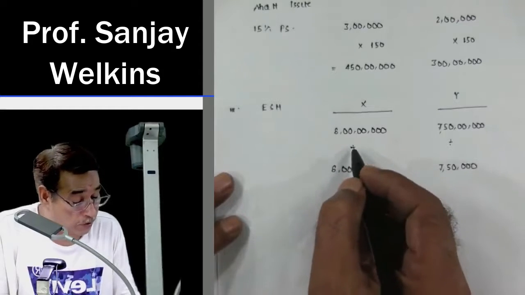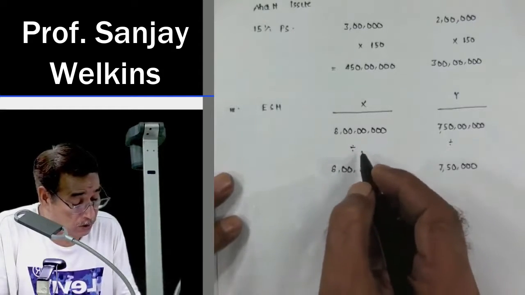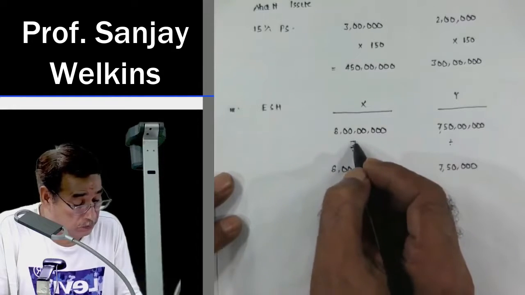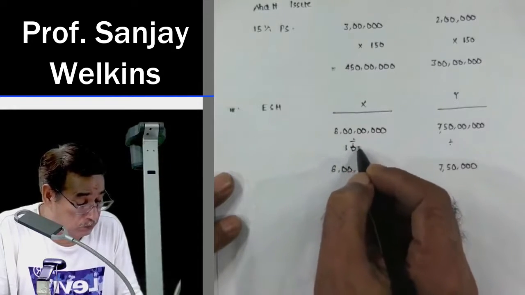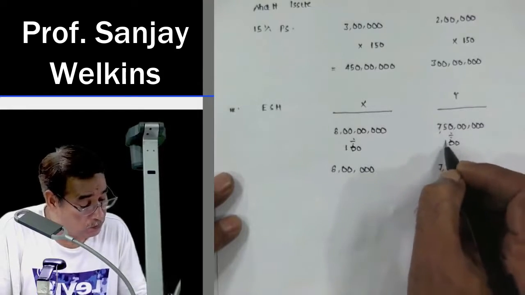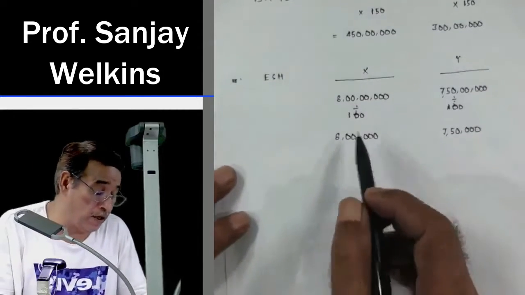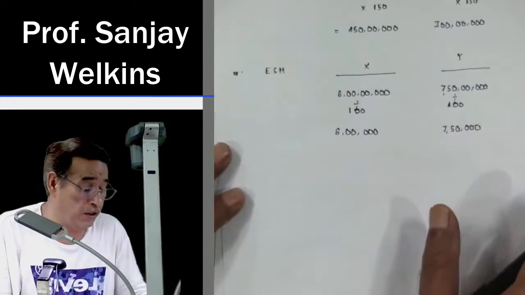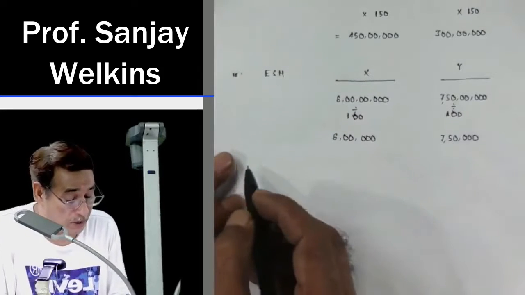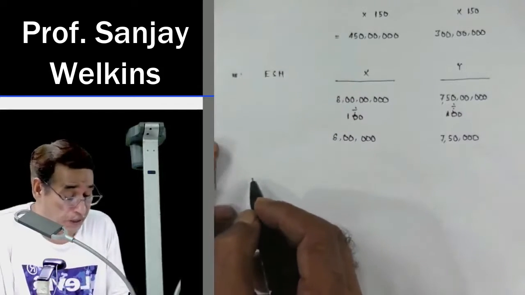Because one share is of 100 each. Okay, so 8 lakh is the number of equity shares of X Limited and 7,50,000 is the number of equity shares of Y Limited.